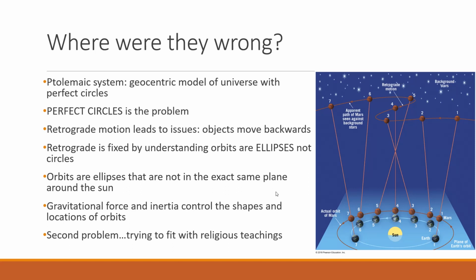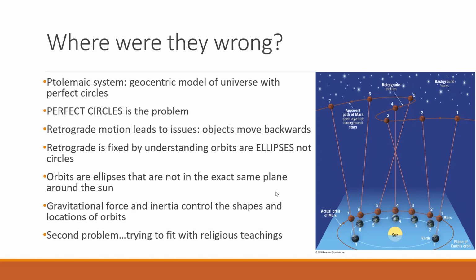The shape of these orbits and locations is going to be controlled by gravitational force and inertia. So the relative attraction between the sun and other objects is going to control how far away those objects will move from the sun.